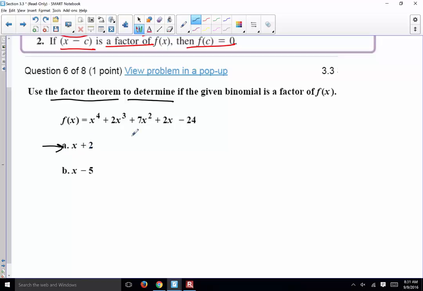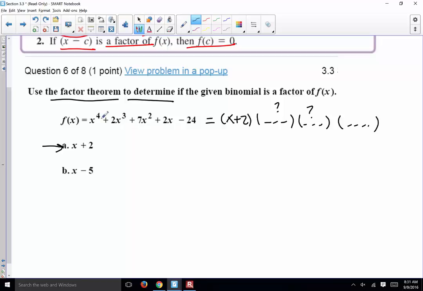You're just wondering if x plus 2 is a factor of this thing. There are other factors, of course. I don't know them, and I don't know how many. It can be as many as 4 different ones, or it can be 1 raised to the 4. We don't know. But is x plus 2 really a factor of this thing?